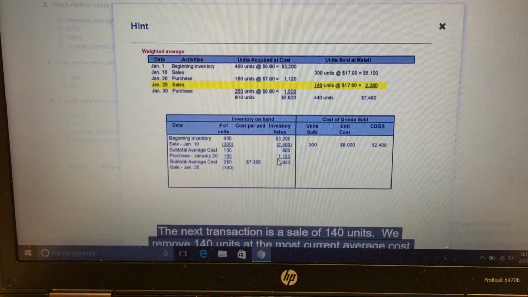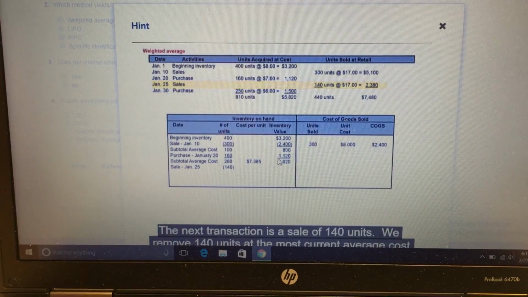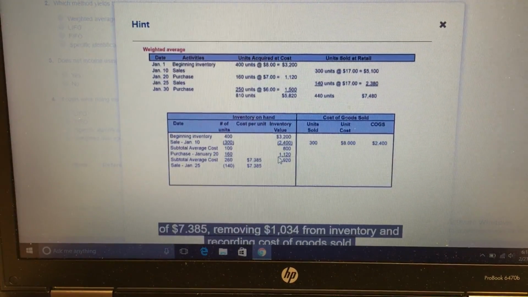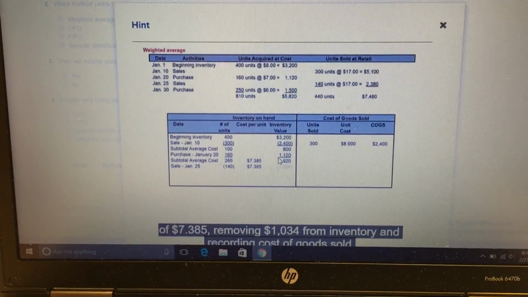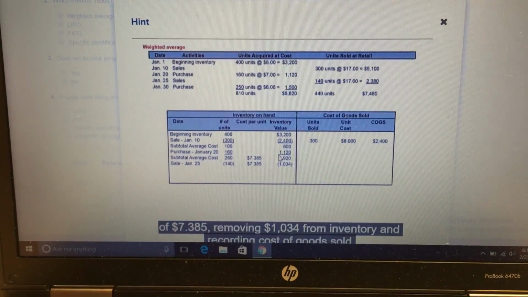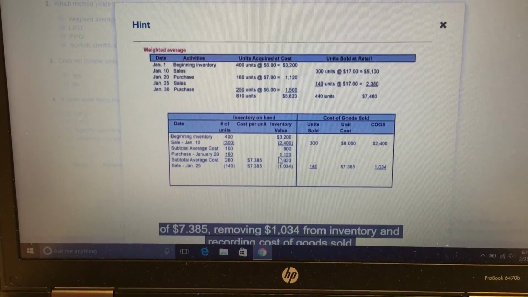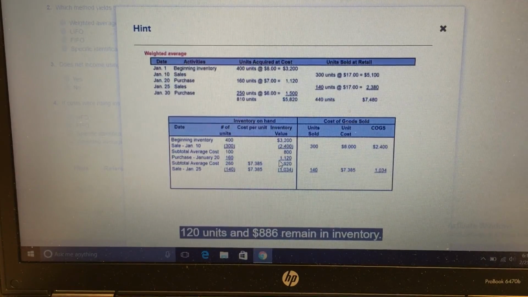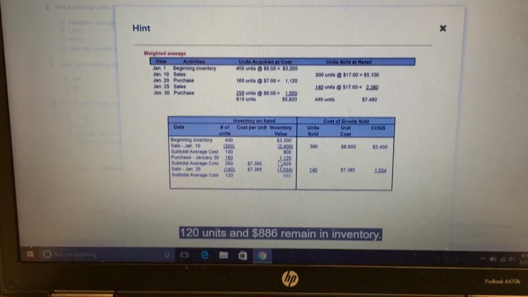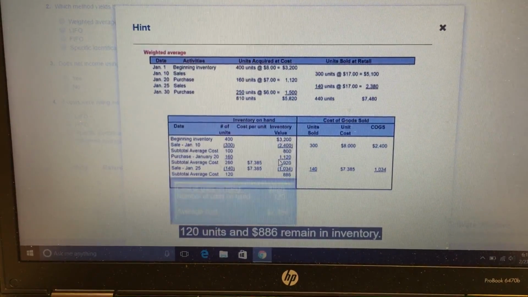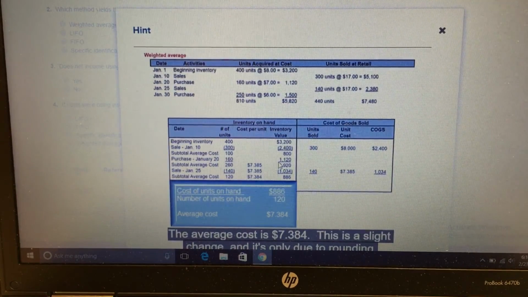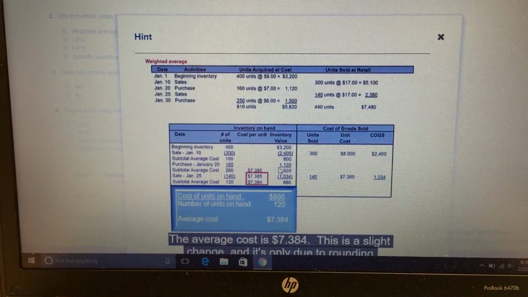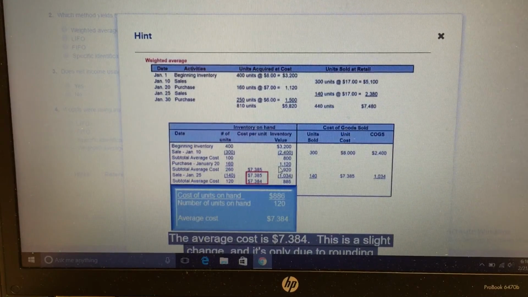We remove 140 units at the most current average cost of $7.385, removing $1,034 from inventory and recording cost of goods sold. 120 units and $886 remain in inventory. The average cost is $7.384. This is a slight change, and it's only due to rounding.